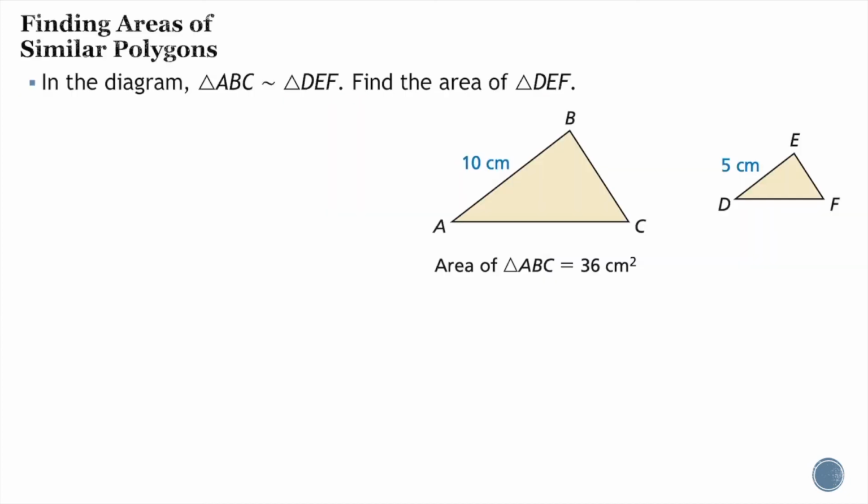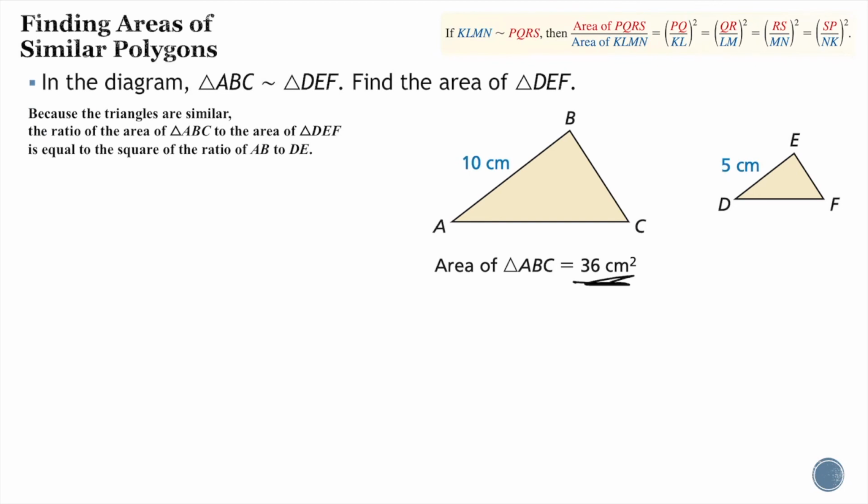Now let's apply this. I want you to find the area between these two similar polygons. In the diagram, triangle ABC is similar to triangle DEF. Find the area of DEF, given that the area of triangle ABC is 36 squared centimeters. Before we begin, the equation is up on the top right for your reference.